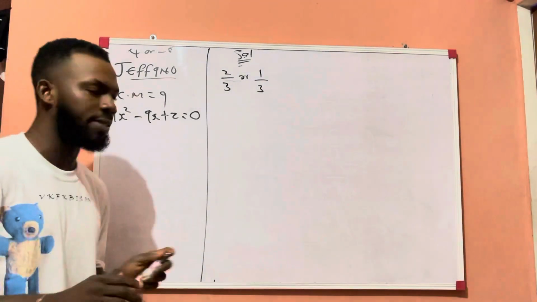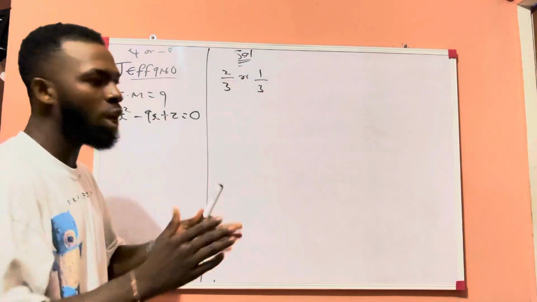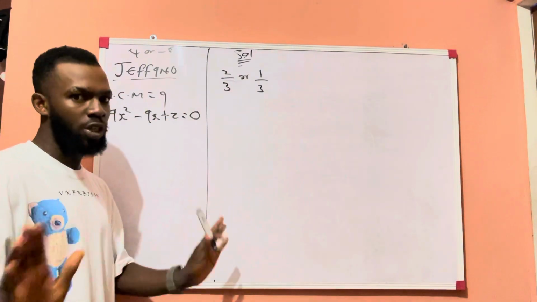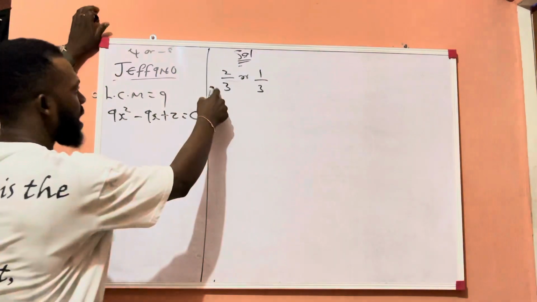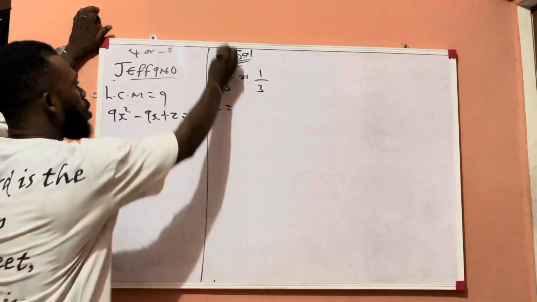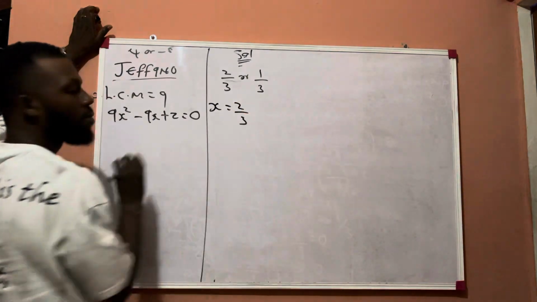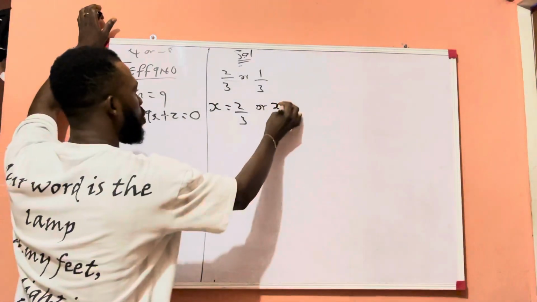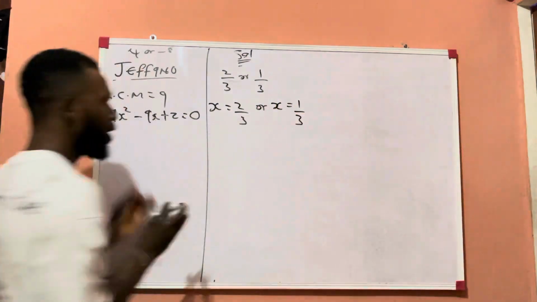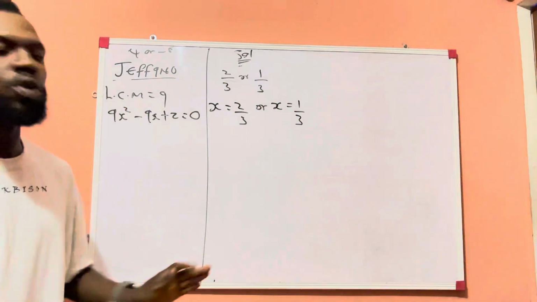This is what you do, class. From the beginning, we don't need the formula x squared minus. No, we don't need that because we're not using formula method. Now, this is what we do. I will start. X is equal to 2 over 3 or x also is equal to 1 over 3, first of all. Now, what do we do next?